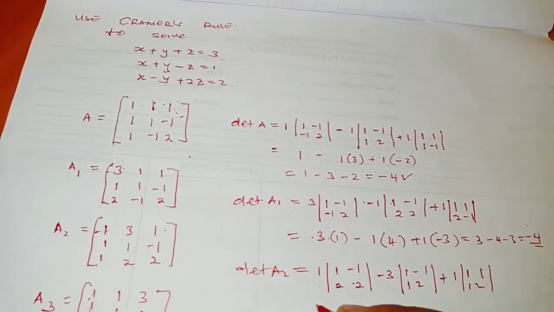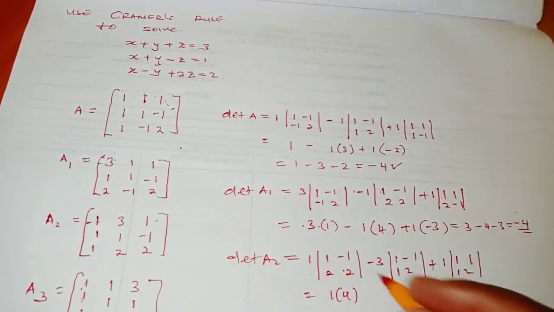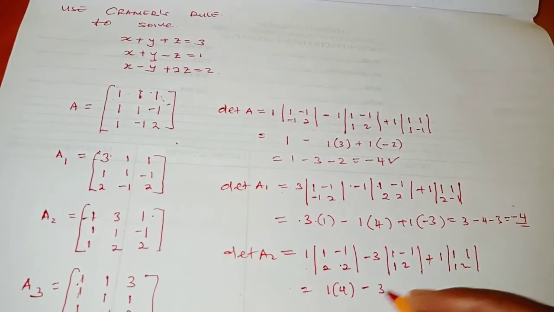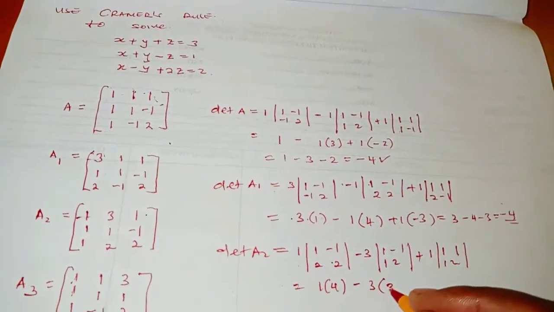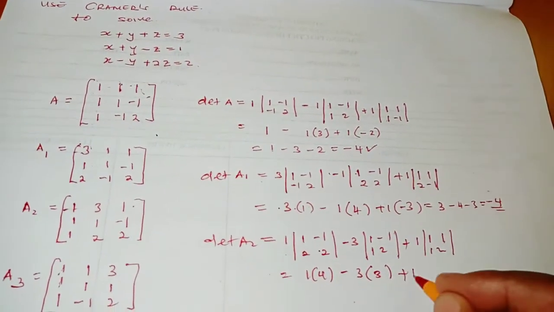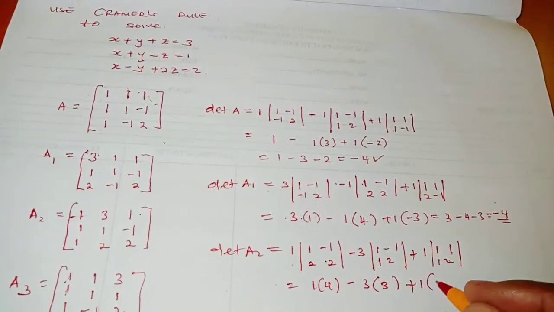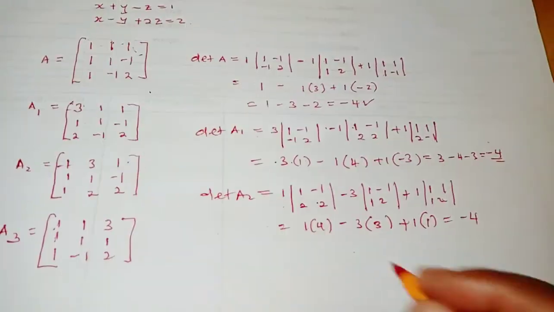So this gives me 1 times 4, then minus 3 times the determinant, which is 2 minus 1, that's 3, then plus 1 times 2 minus 1, that's 1. So this gives me minus 4 once again.